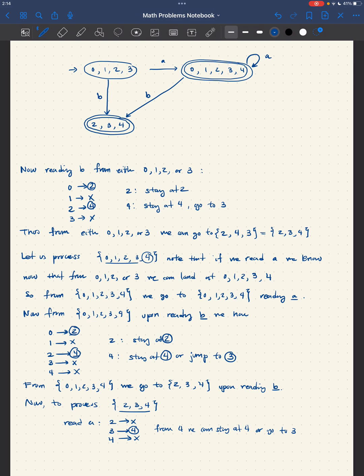By reading an A from any of these states, we would be landing at either 3 or 4. So I'm going to build that as a new state right here, the state 3 or 4. Now, this one contains a 4, which is a final state of the original machine, so this one is going to be a final state of the new machine, as we're following this emulation.